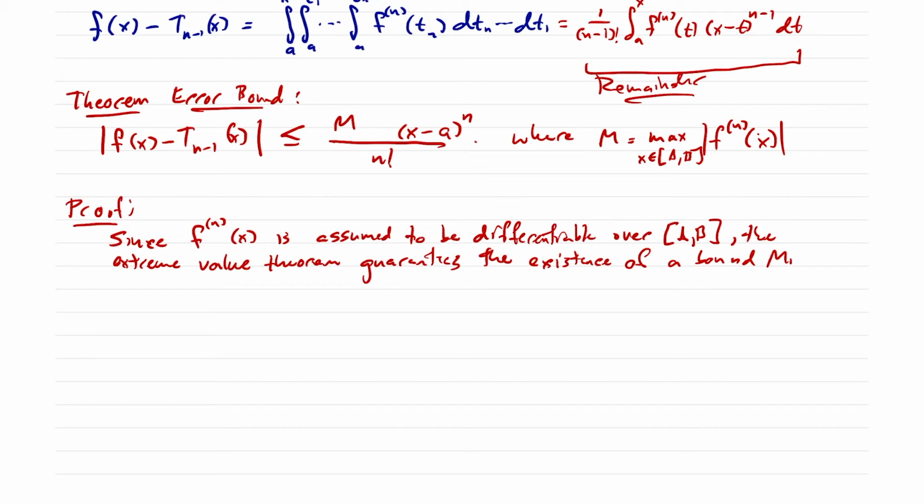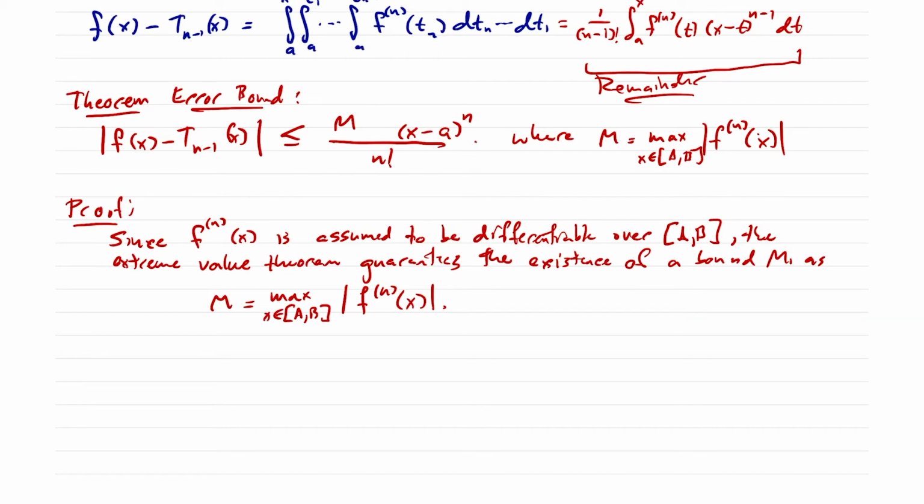Bound M. Okay, so let's say M equals the max over x in [a,b] of the absolute value of f^(n)(x) here.